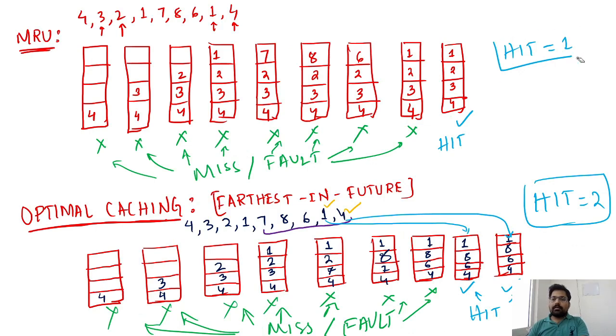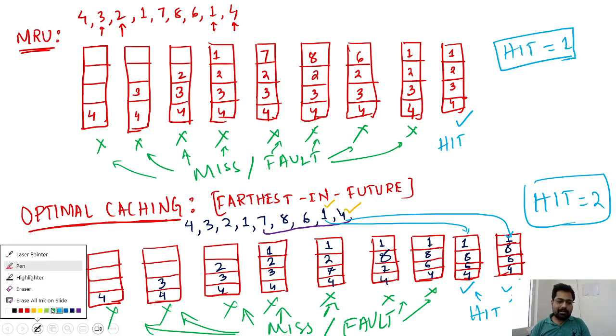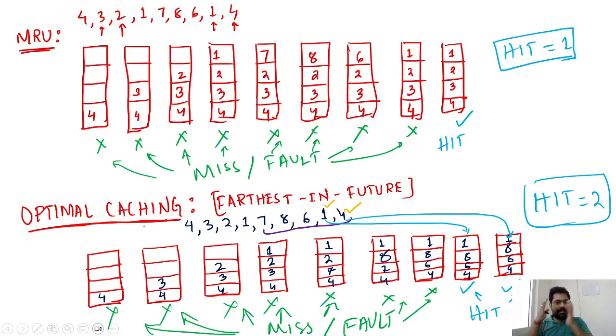Then your question could be, sir, can we use this in future, or can we implement it? I must say, though we are predicting, whenever the CPU is asking, it will not tell you in advance. It cannot be predicted by you that definitely 2 could be used.